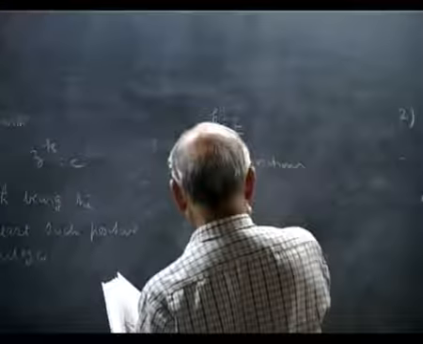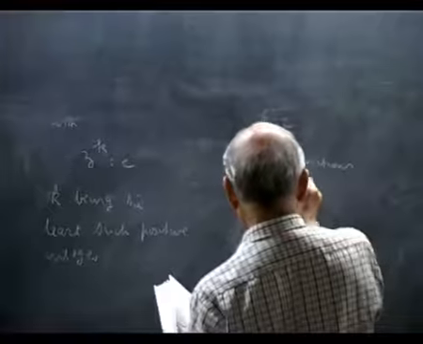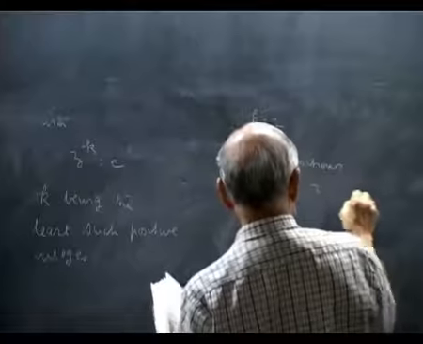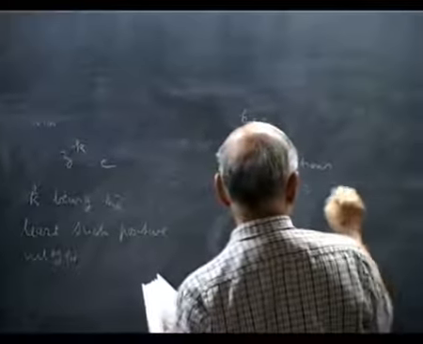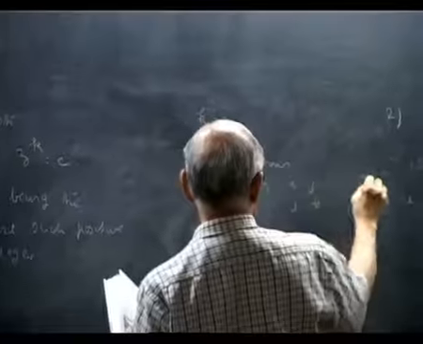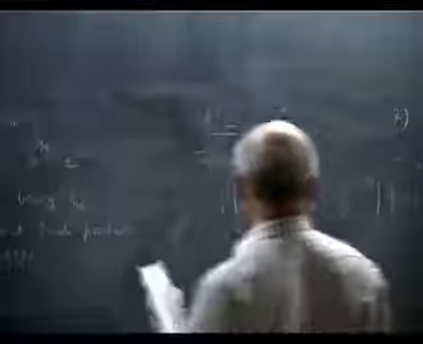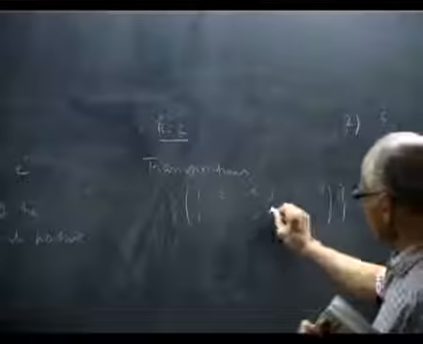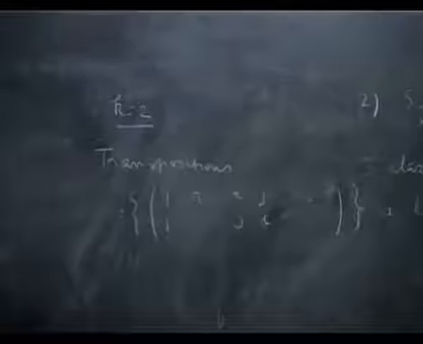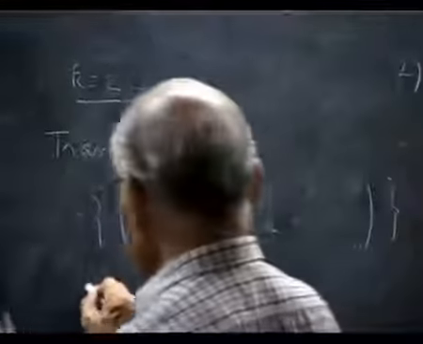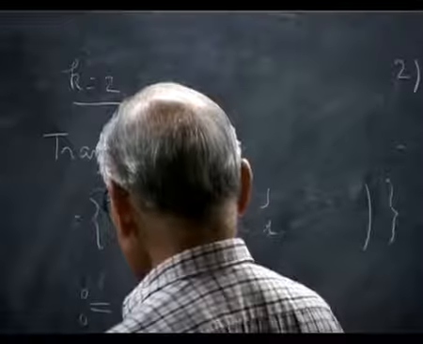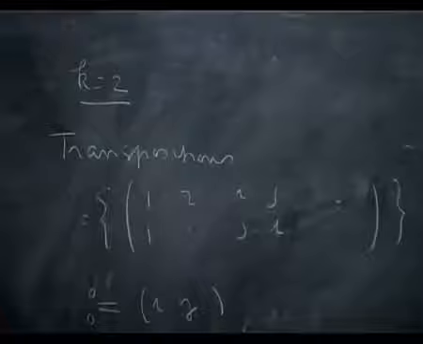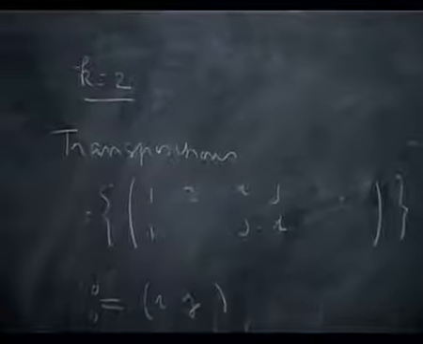It will be of the form 1, 1, 2, 2, etc. Then you have i, j, j, i. We write this as (i j), understanding that the rest are not touched.